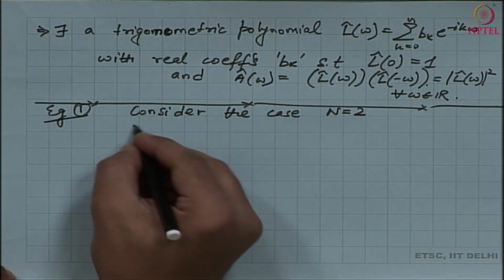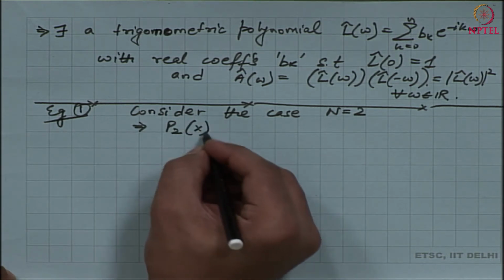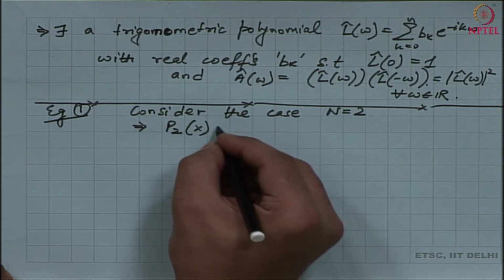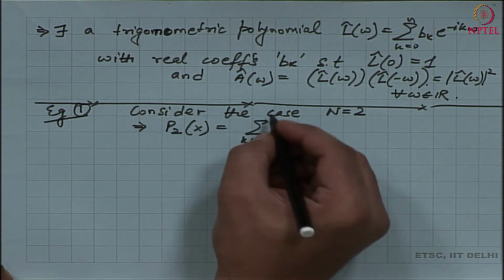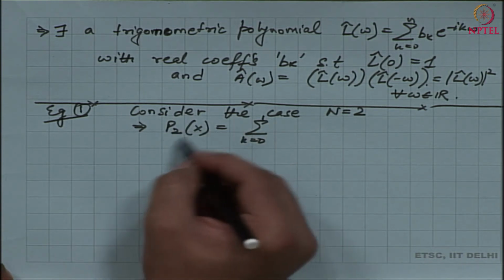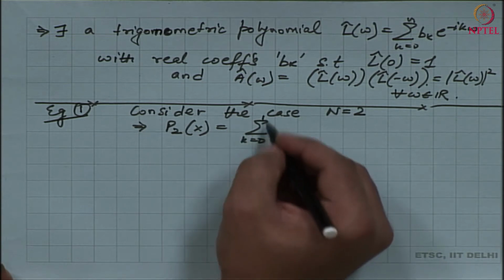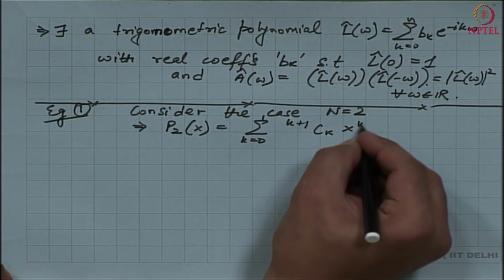So, which means my polynomial P2, which is a unique solution to my equation, P2 of x is given to be the summation k from 0 to 1. It will be a polynomial of degree 1 or degree n minus 1. So, summation 0 to 1, k plus 1 choose k, x to the power k.